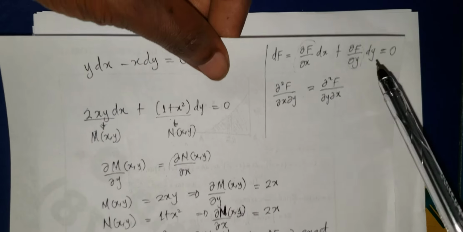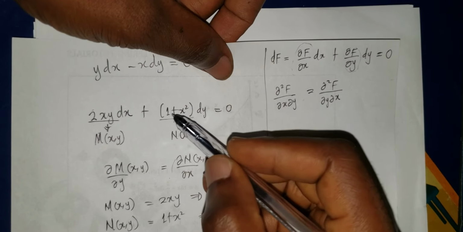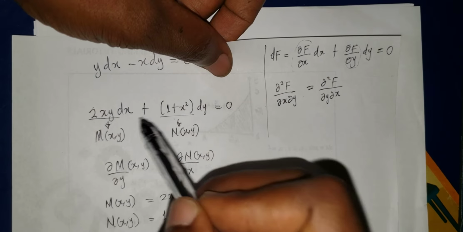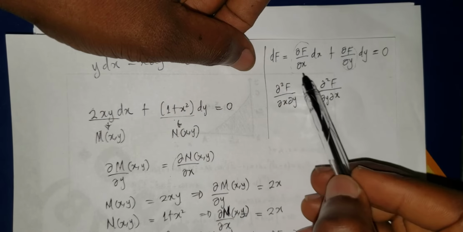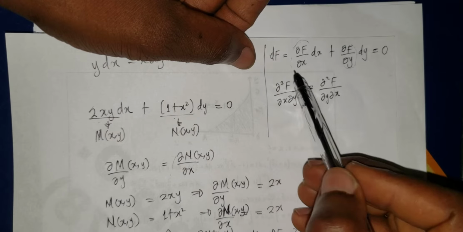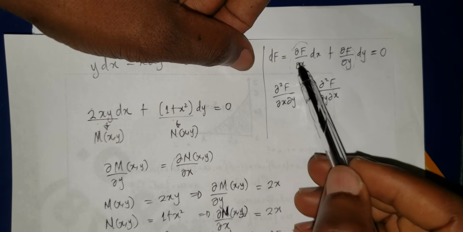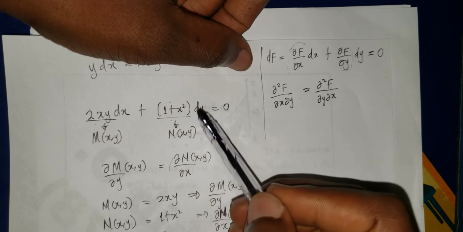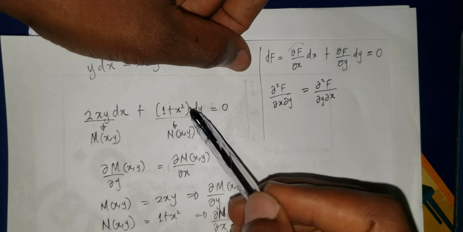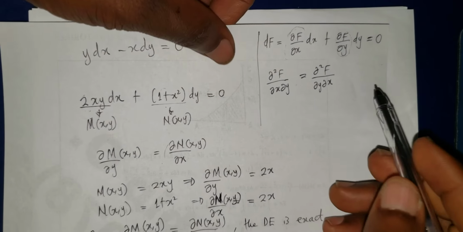Since this is exact, this M of x comma y is going to be the partial derivative of that implicit function f with respect to x, and this N is going to be the derivative of that implicit function partially with respect to y. So we can start off with any of them.